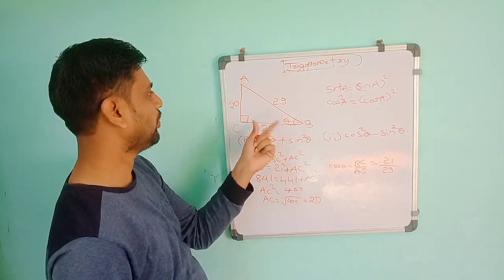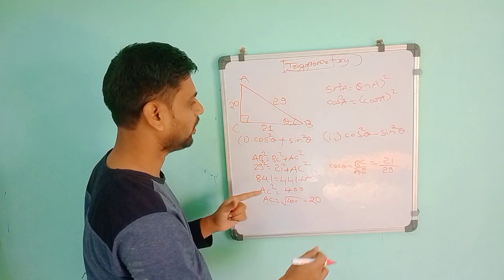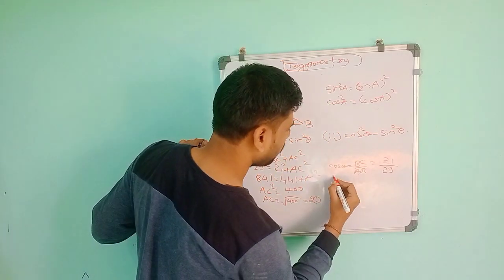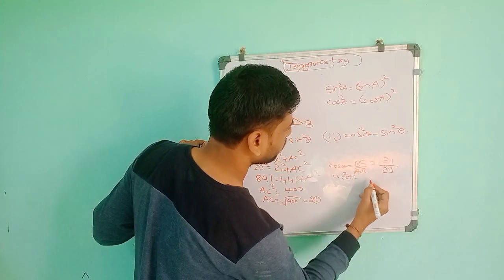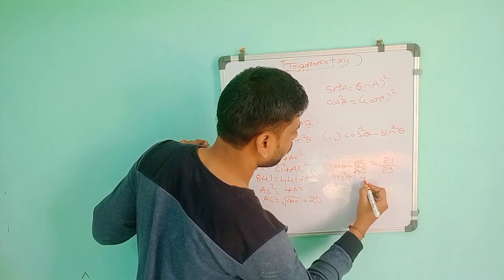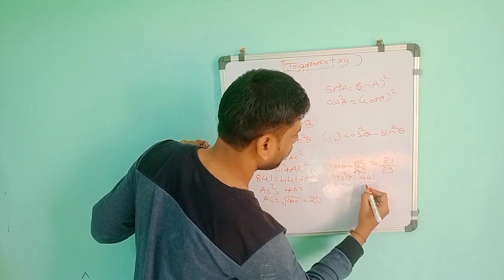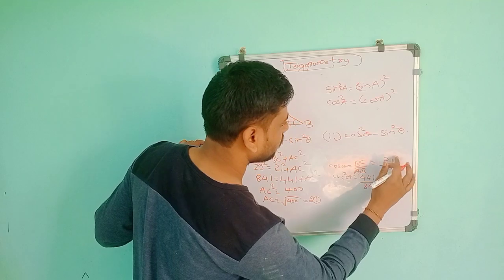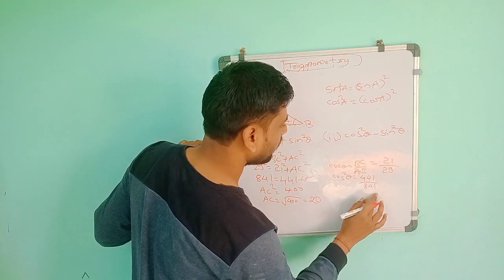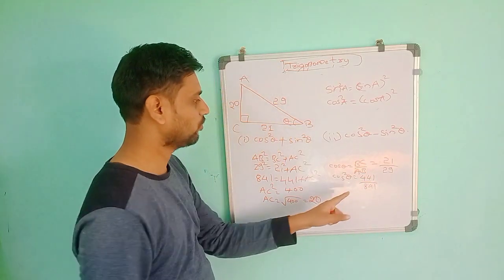Cos theta is equal to adjacent by hypotenuse, that is BC divided by AB. BC is 21 and AB is 29. So cos theta is 21 by 29. But they have asked for cos square theta, so squaring on both sides, it becomes 21 square, that is 441, divided by 29 square, 841. This is the cos square theta value.